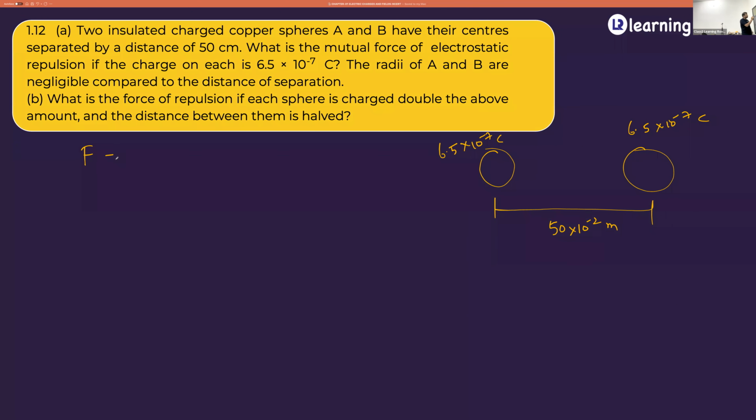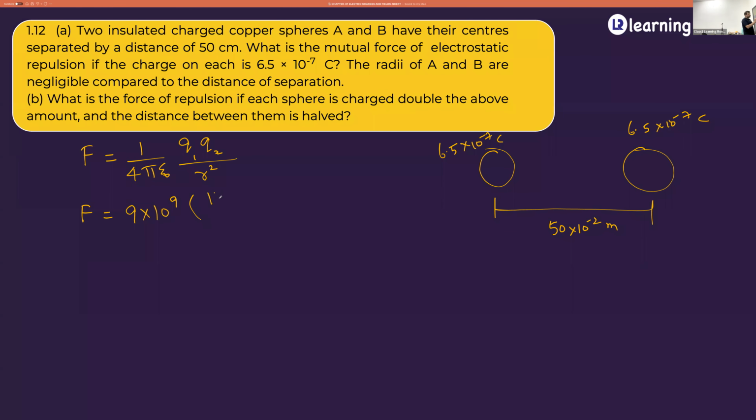So to calculate that, force is equal to, we know the formula, 1 divided by 4 pi epsilon naught into Q1 into Q2, the whole divided by R square. So F will be equal to 9 into 10 power 9 into Q1 into Q2, which is 6.5 into 6.5. I would suggest you deal with fractions or exponents.